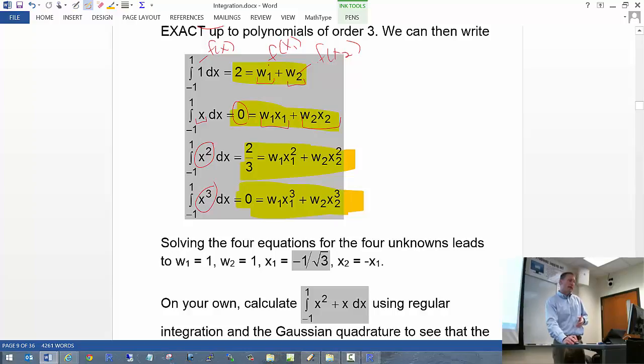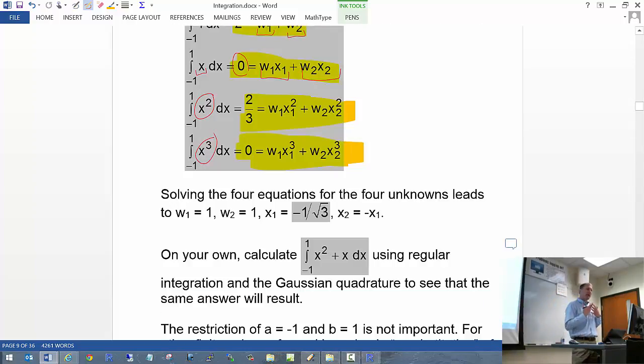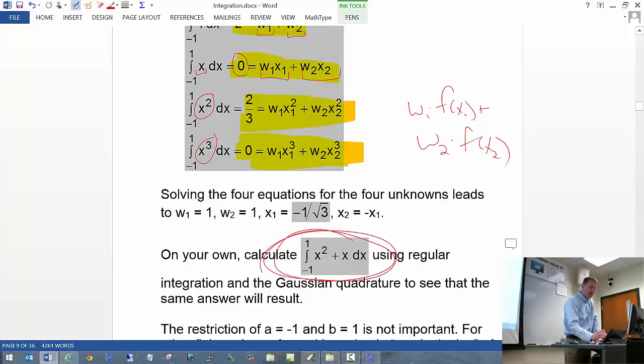What that means is that for any function being integrated from -1 to 1, as long as it's not higher than an order of 3 for the polynomial, I will get an exact answer by simply taking w1 times f of x1 plus w2 times f of x2. On your own, try that and see that indeed it does occur with that particular function you integrate.